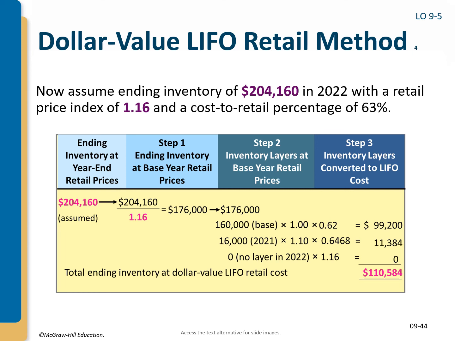Remember, 2021 originally had 20,000 in it. Remember, when the value at base year prices decreases from one year to the next, we peel off the prior year. So now this layer is at 16,000 times 1.10 retail price index times the cost to retail percentage for that year. There's no layer in 2022. You can't put a negative layer in.